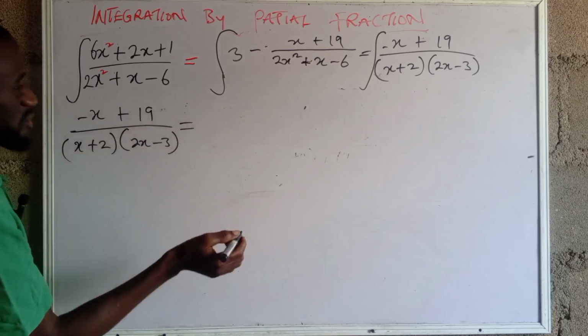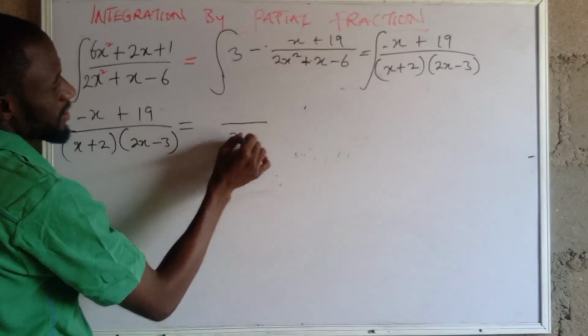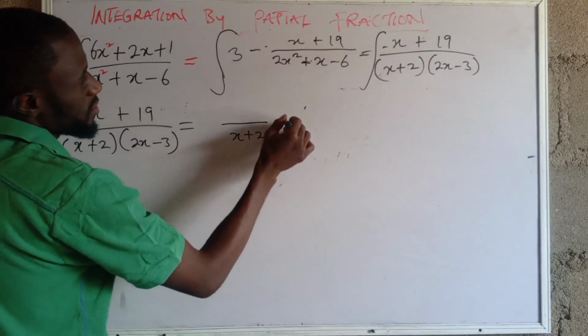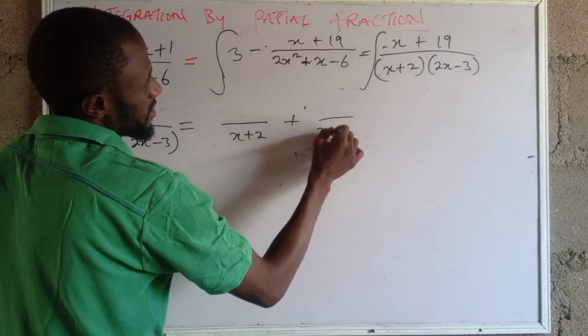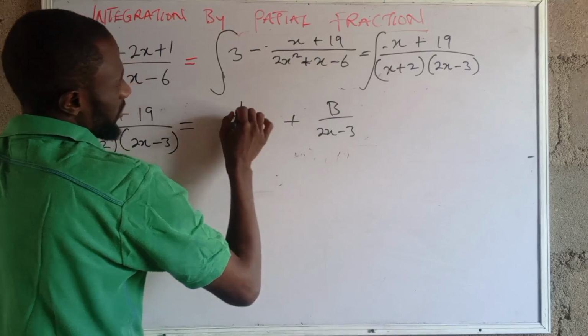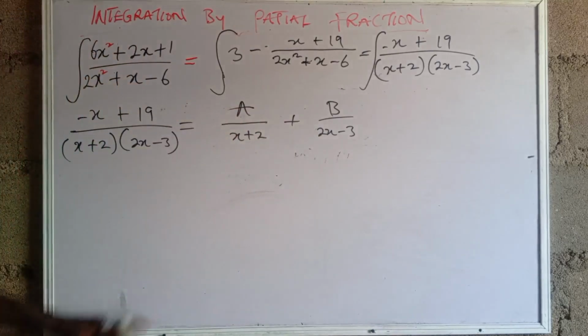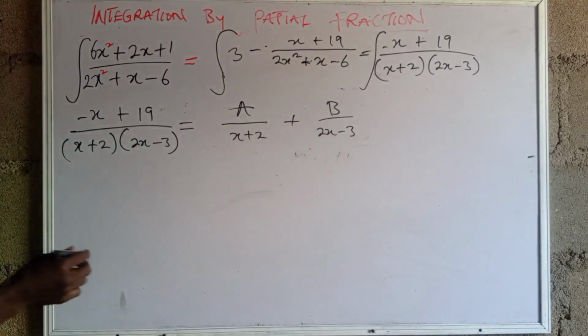This is equal to, you can provide constants, something over x plus 2 plus something over 2x minus 3. Here will be b, here will be a. You can provide constants when solving using partial fractions.